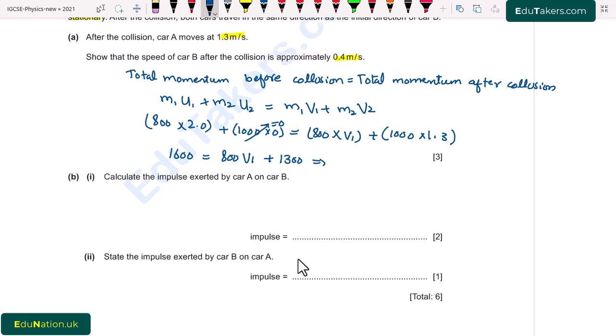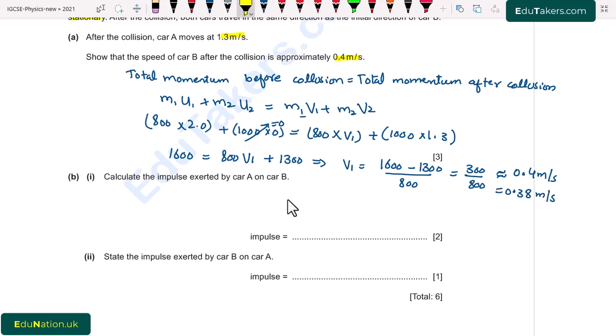So v1 is equal to 1600 minus 1300 divided by 800, and it will be equal to 300 over 800. So it comes to be 0.4 meter per second. It is approximately equal to this, and it is equal to 0.38 meter per second.